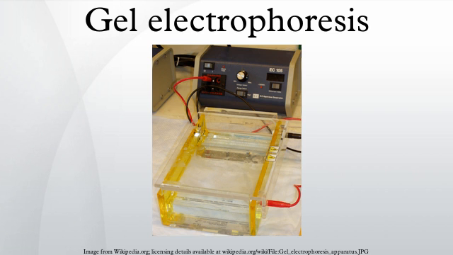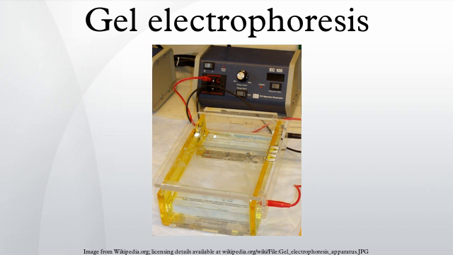When separating proteins or small nucleic acids, the gel is usually composed of different concentrations of acrylamide and a cross-linker, producing different-sized mesh networks of polyacrylamide. When separating larger nucleic acids, the preferred matrix is purified agarose. In both cases, the gel forms a solid, yet porous matrix.